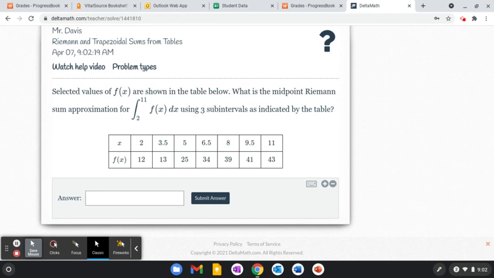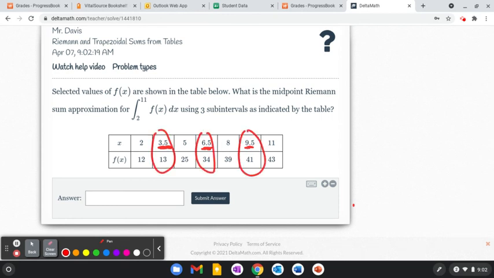Intuitively, it's actually pretty easy because you can see on all of these. So we're supposed to use 3 subintervals. Then you'll actually see we have 3 middle values here. So we've got values for this one, and this one. Intuitively, you can kind of see how these rectangles break down.